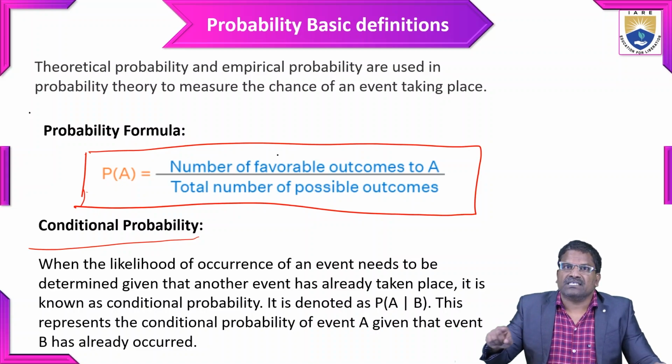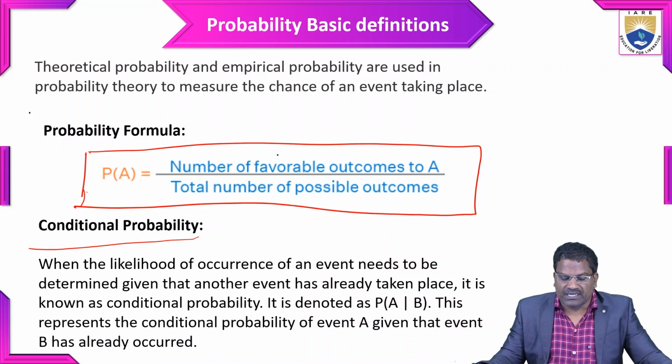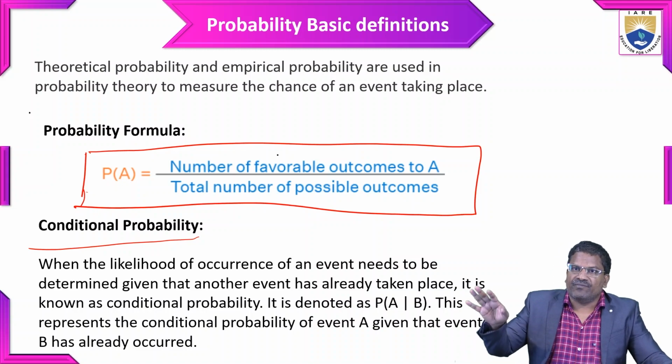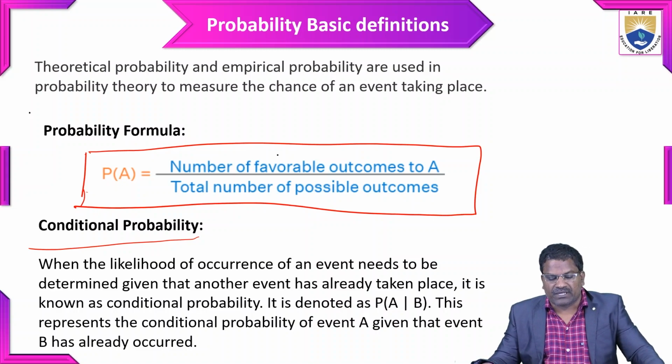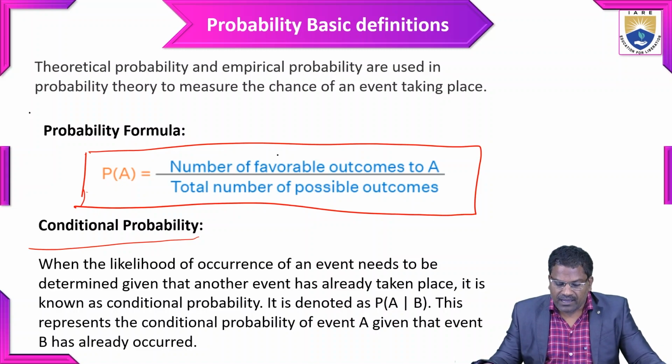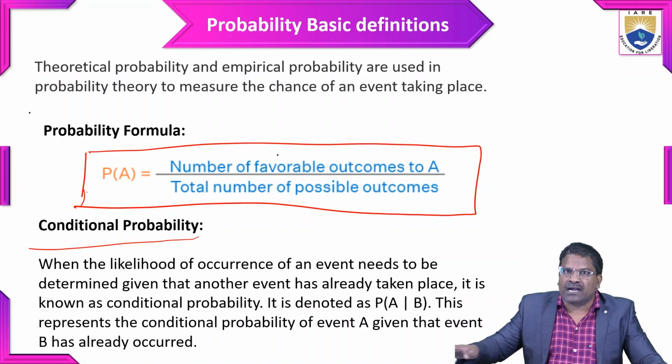That is why it comes under conditional probability. It is denoted as P(A|B). This represents the conditional probability of event A given that event B has already occurred.